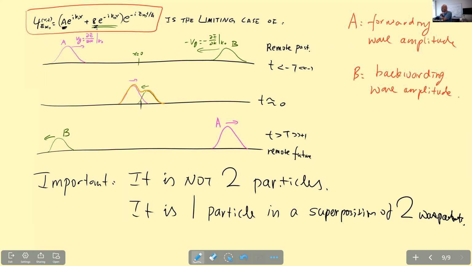And A and B are the probability amplitudes. Okay. All right. This of course is a trivial case. So we just reformulate this wave packet of a free particle. Or in other words, we redo this Fourier transform of plane waves into the real space. But now we assume that we have two components. We have one component K0 that's positive, another one has a component minus K0, that's negative.